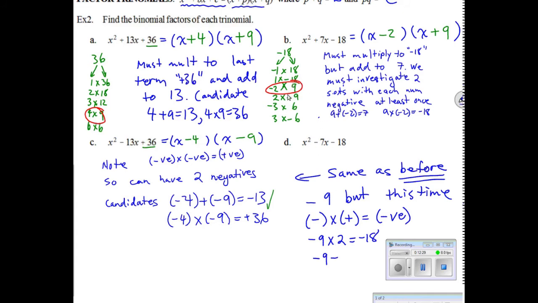In this case, it's going to be -9 and 2, because -9 times 2 gives -18 and -9 plus 2 gives -7. So now we can factor. Alright, and we are good. So we've got x minus 9, bracket x plus 2, and we are done.